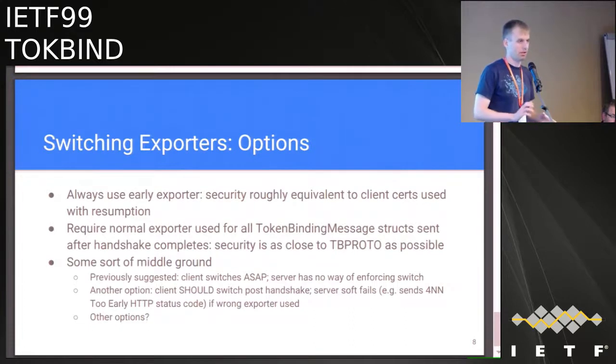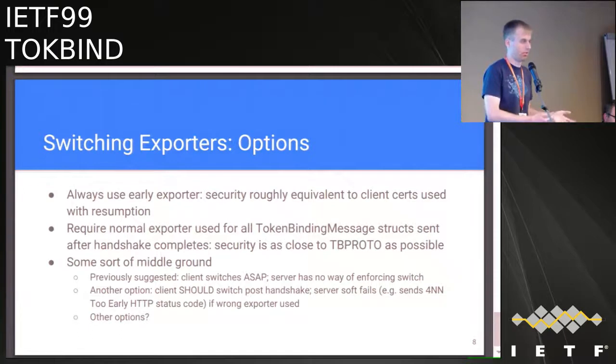I think when to switch exporters is something that could be moved into the application profile. In the HTTP case, that would be if we use the 402 early code that Mark Thompson is proposing for zero RTT replay in his draft.